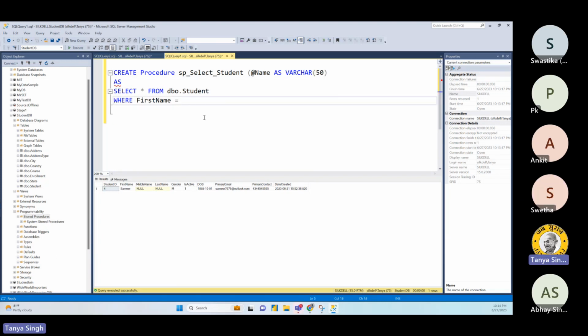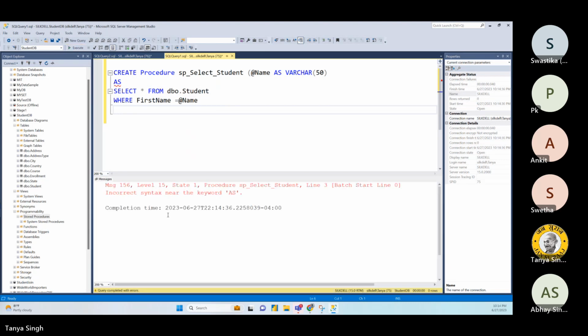Here you can use the at-the-rate name. I think the syntax runs with the AS keyword, and something comes after AS.